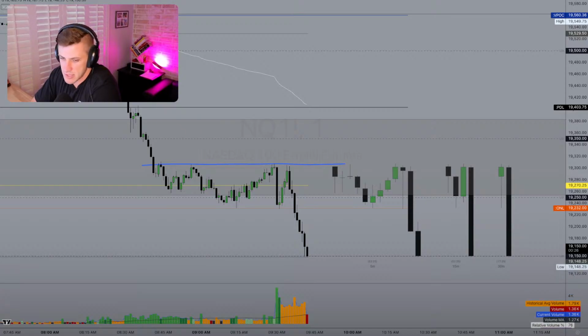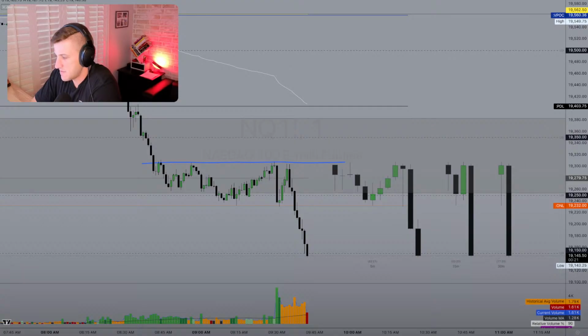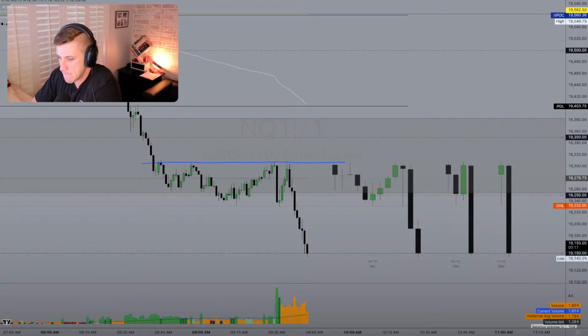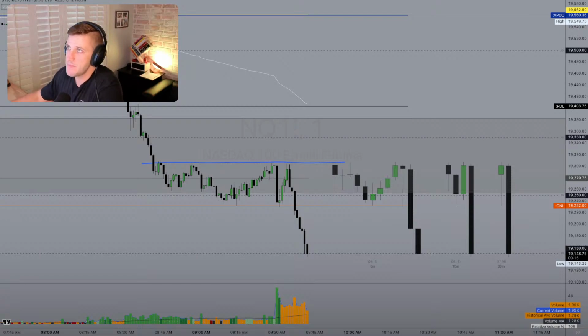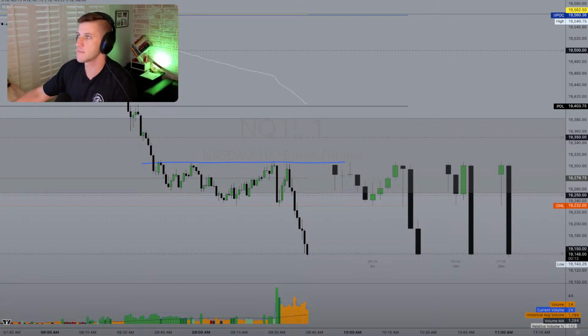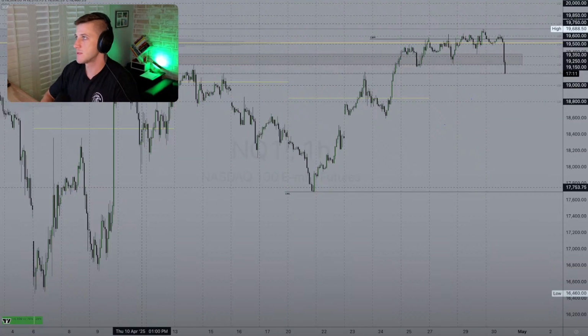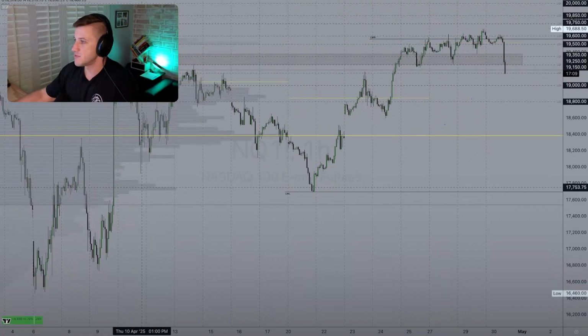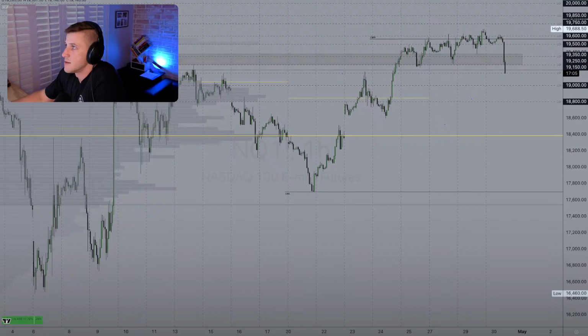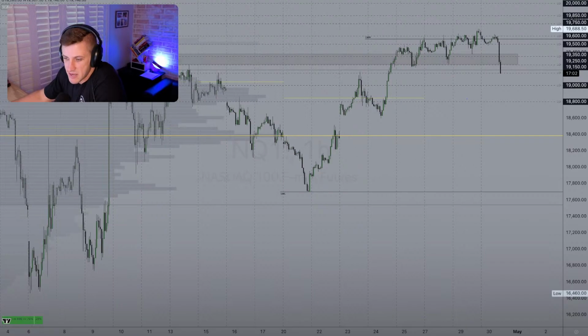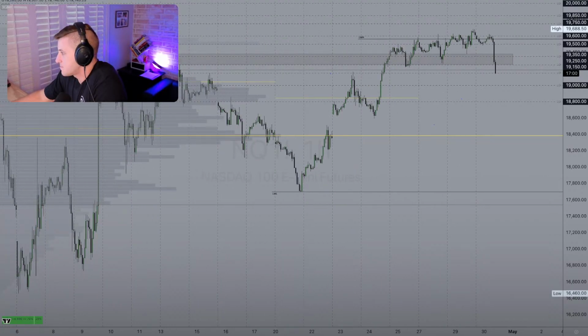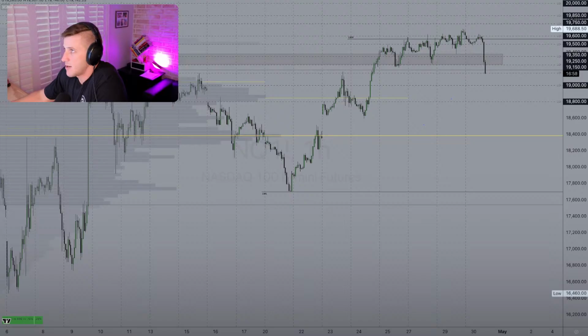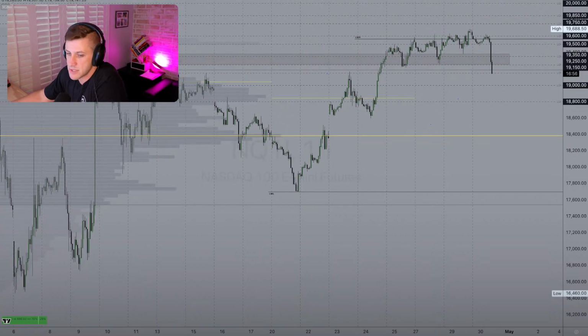Got about 2.5 minutes till data. NQ right here at 19,150, pretty much no buying interest there. There's that visual. Potential structural breakdown. Too soon to say right now. We need some higher time frame closes.